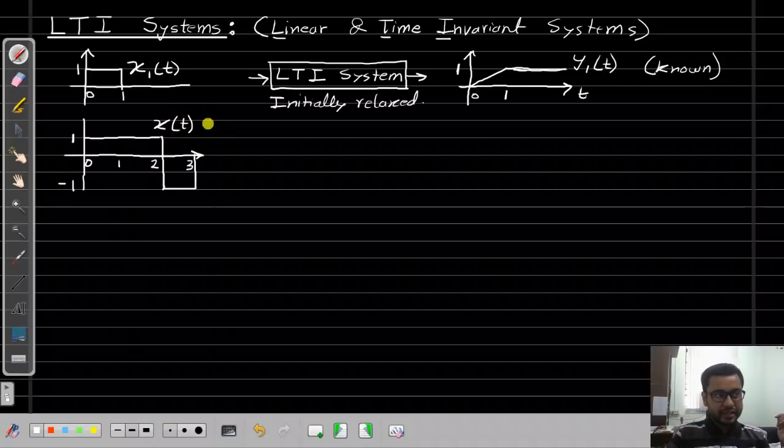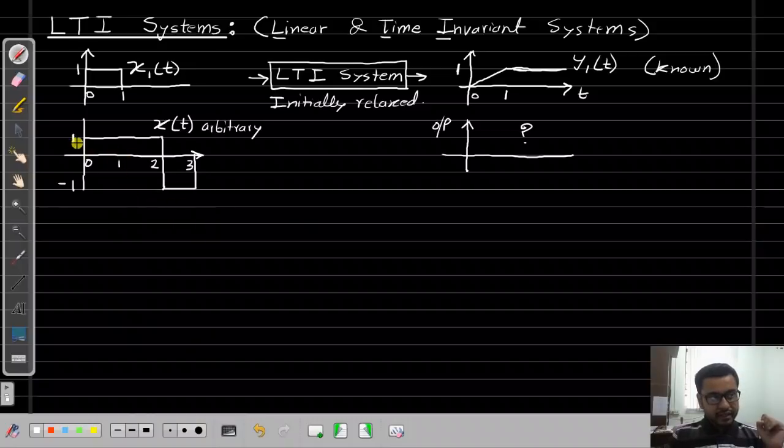This is arbitrary. And someone asks me how the output pattern will look for this particular input. So that is the question. How will I solve this problem?